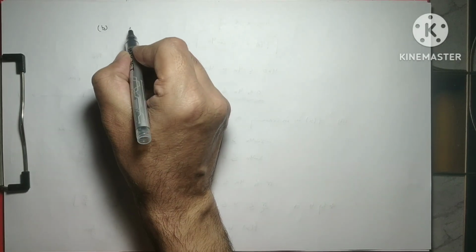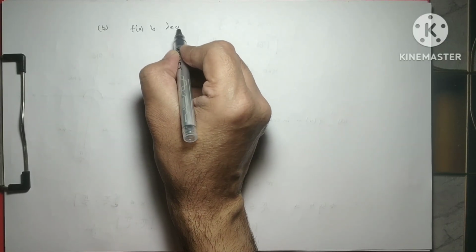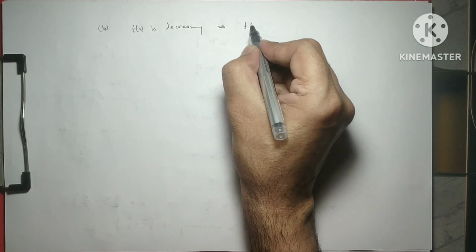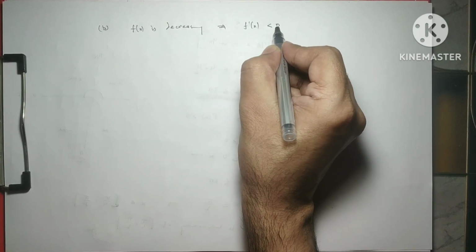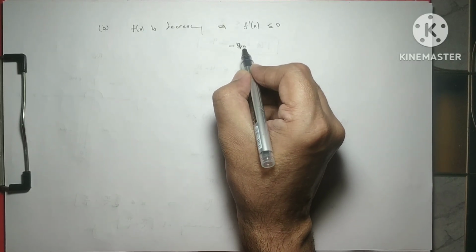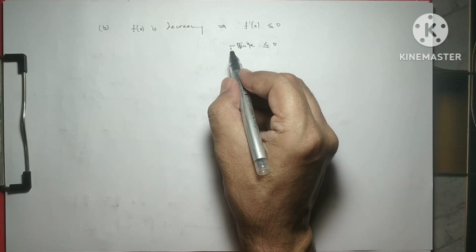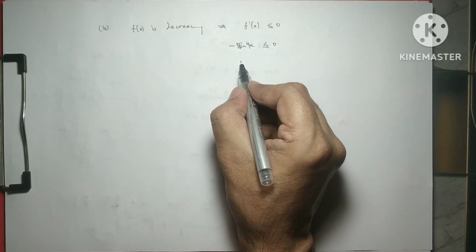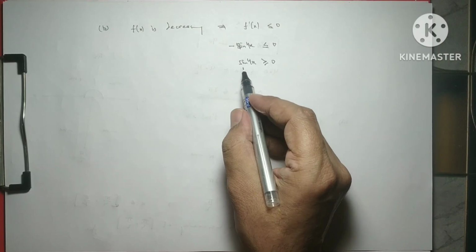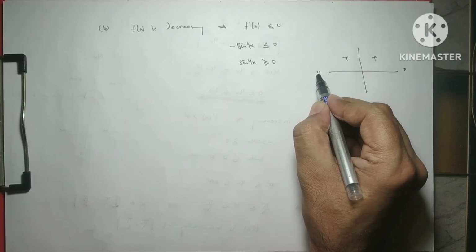So B part, now the function fx is decreasing, and for this f dash x should be less than 0, means minus 4 sin 4x less than 0, or you can say when you operate this negative sign with the inequality, this becomes sin 4x greater than or equal to 0, and sine is positive in the first two quadrants, means 0 to pi.